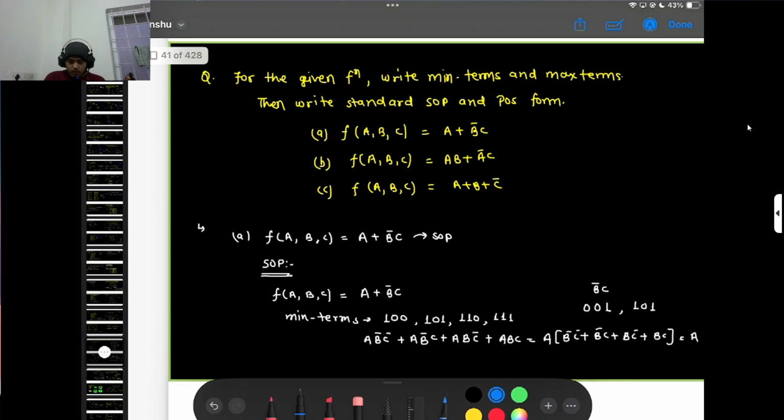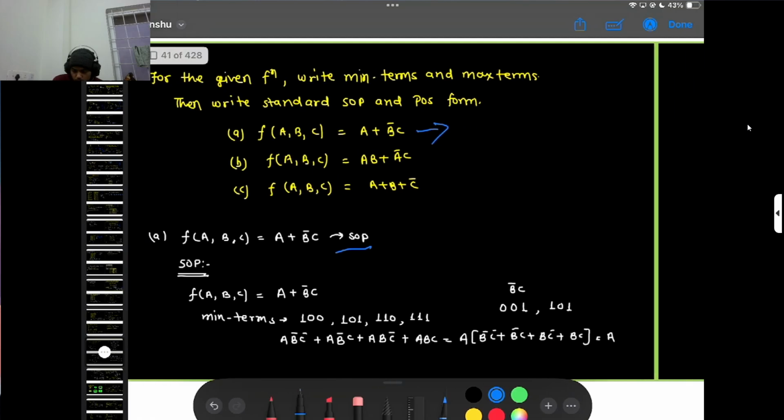For the given function, write the minterm and maxterm, then write the standard SOP and POS form. So first write the minterm and maxterm. A plus B plus C, so it's a SOP form, and now if you want to convert it to POS form, first the minterm.